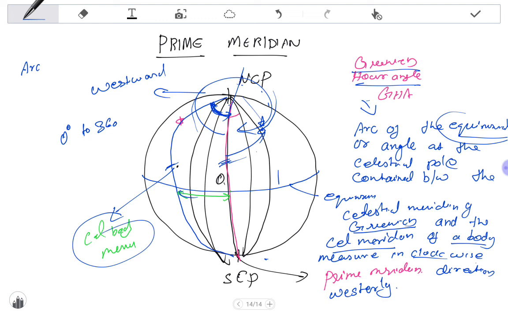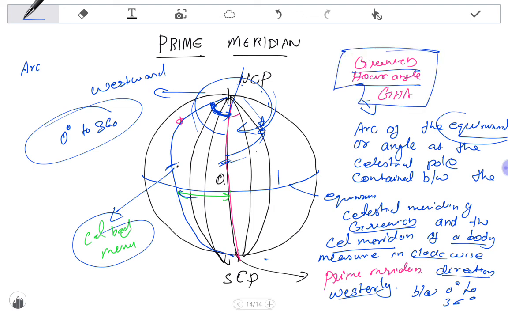So the GHA is measured westerly between 0 and 360 degrees. That is called Greenwich hour angle, or GHA.